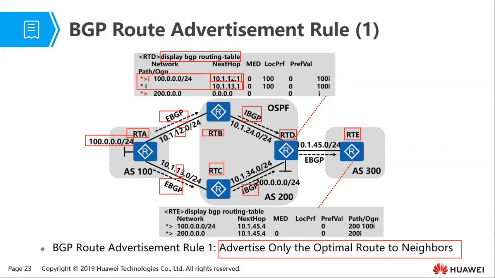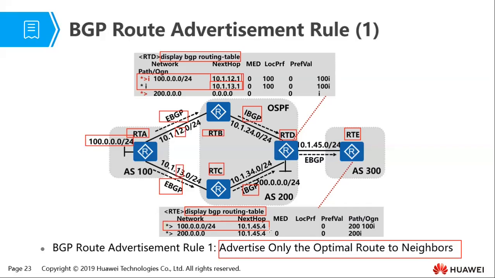So which one among the two should it advertise to RTE? Now, if we go to RTE and do display BGP routing table, we can see that it has only advertised a single route, which is what we are referring to as the optimal route.